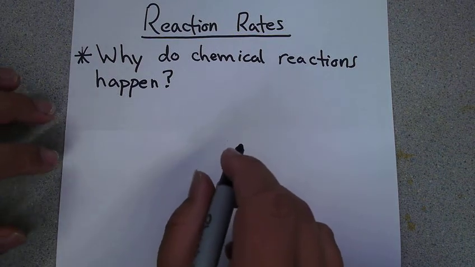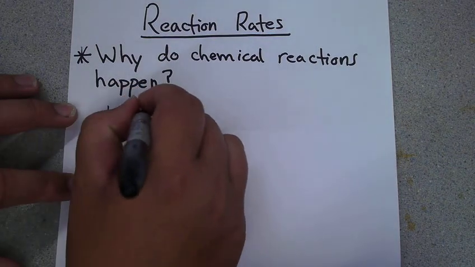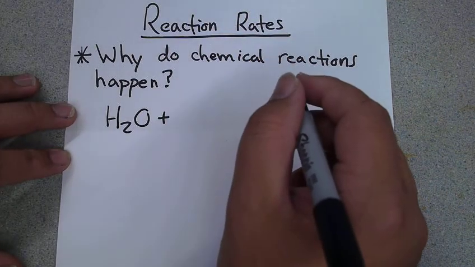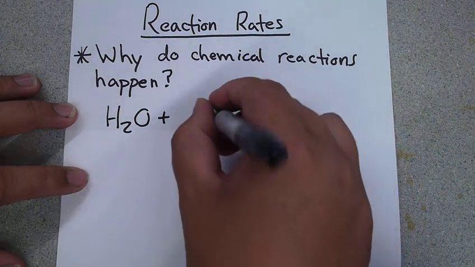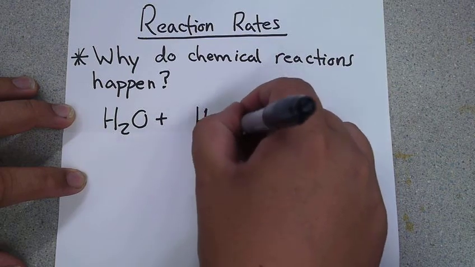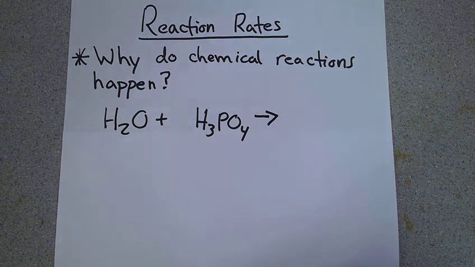Let's write an equation between water, H2O, and what? What sounds like a good reaction to have? Water and phosphoric acid, H3PO4. I'm not going to write this reaction in equilibrium.